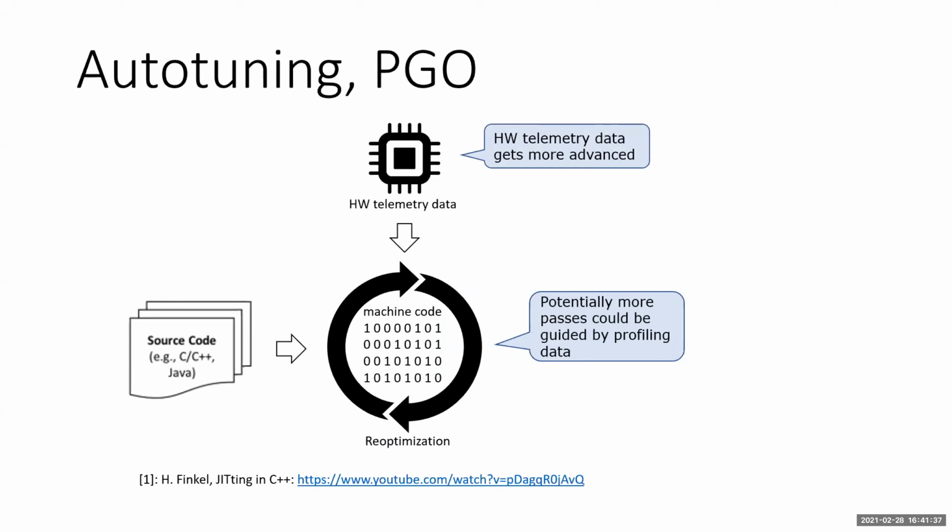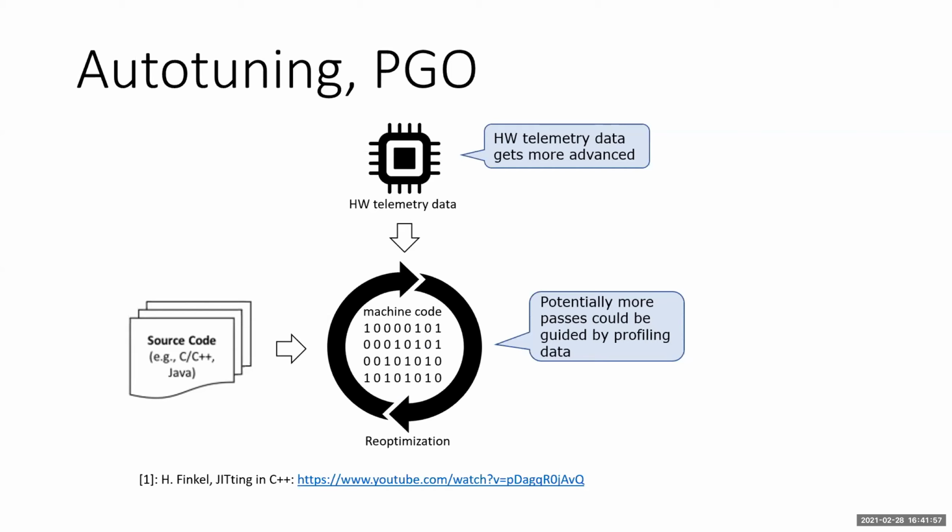The third area is auto-tuning and re-optimizations. As a background, a lot of optimization and transformation decisions can be made better if you have the profiling information at hand. And languages like Java, for example, already leverage that.